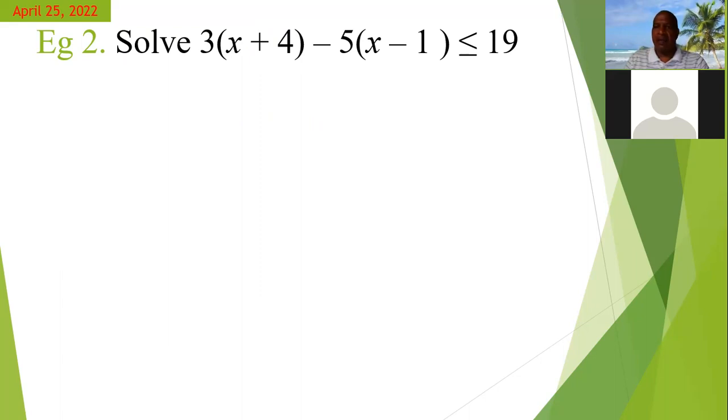Solve this question, and then when you're finished, you raise your hand, and then we share the answer that we arrive at. Anybody finished as yet?